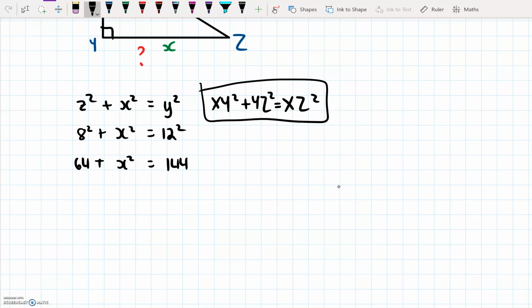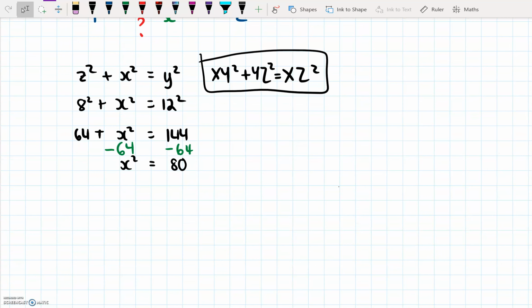So we need to show our steps. So we need to minus 64 from both sides. Now we're going to have x squared on the left is equal to 80 on the right. If we take the square root of both sides, x is equal to the square root of 80.